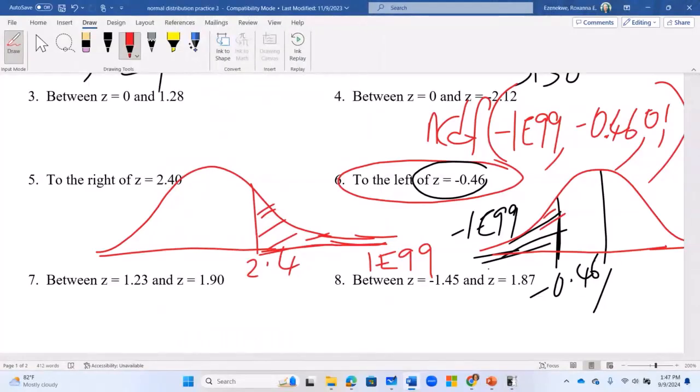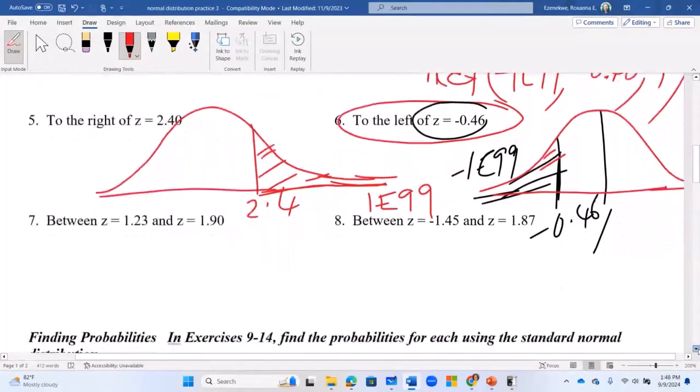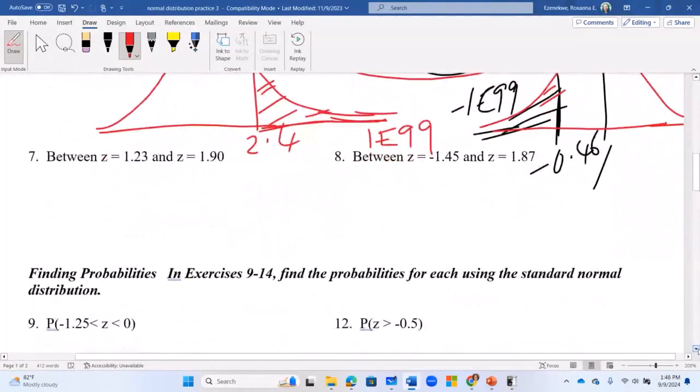So now we know how to find the area between, the area to the right, and the area to the left. We know how to do it using application to real life situations. Suppose you are an engineer that builds bulbs, or a doctor that looks after dogs.